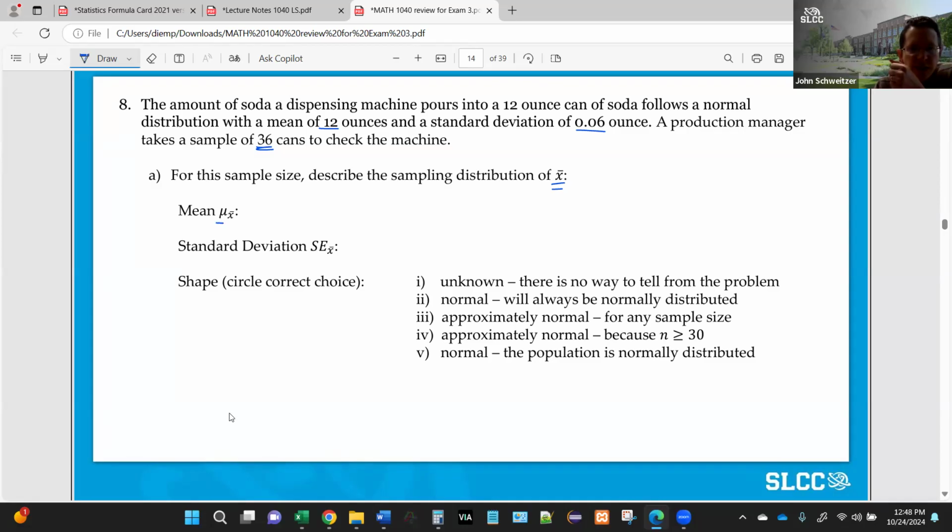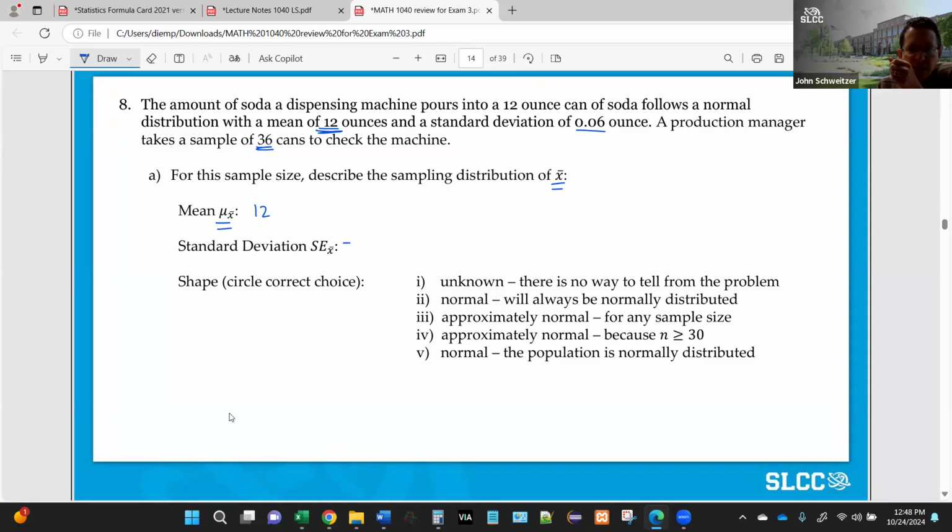What would the mean for that sampling distribution be? If the parent population mean is 12 ounces, then we would expect our X bar to also be about 12 ounces. But because of sampling error, it's going to bounce around a little bit. That bounce is called the standard deviation or the standard error.